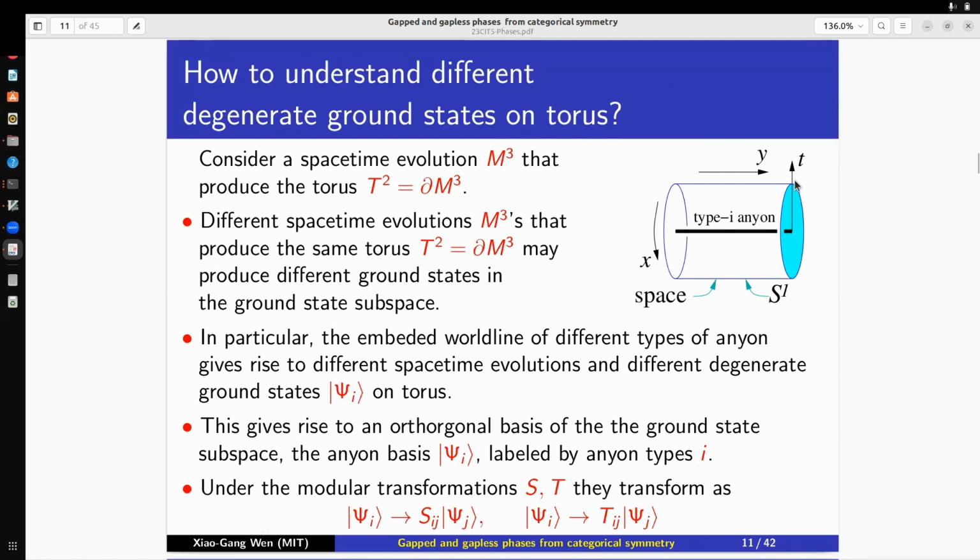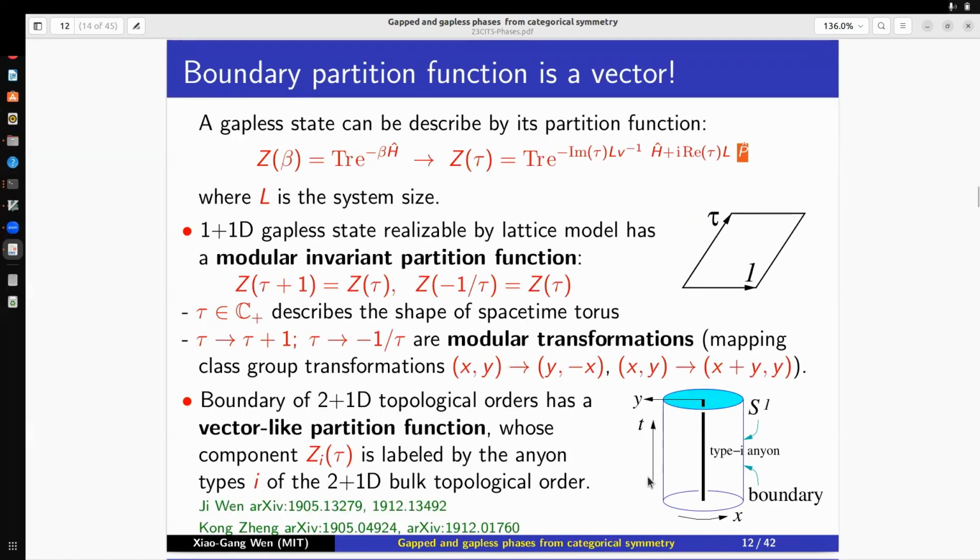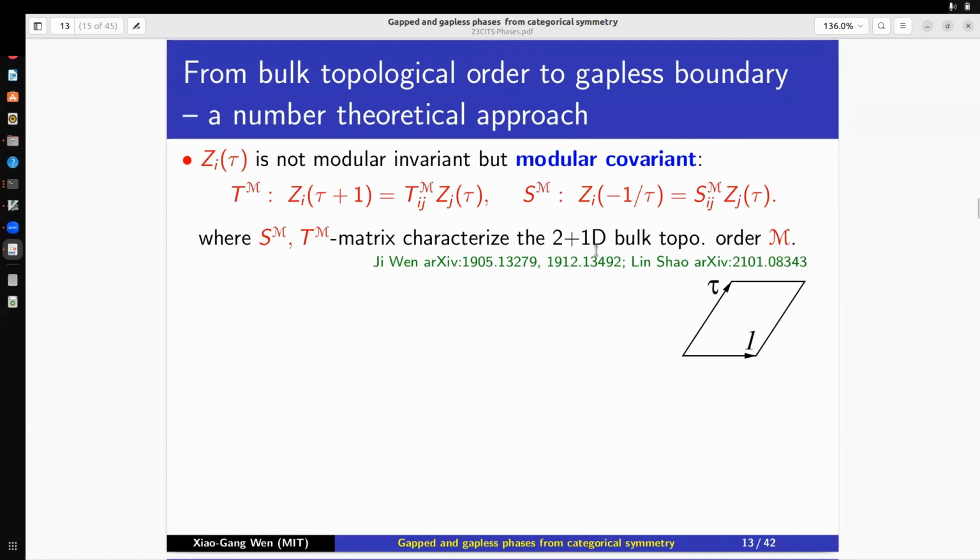Here the radial direction is time direction, and the surface is x, y. We are just changing the coordinates. Now the time direction becomes the surface direction, and the radial direction becomes y. It's just changing t and y. The whole picture is the same. And so actually this kind of cartoon picture convinced me that yes, we have this result.